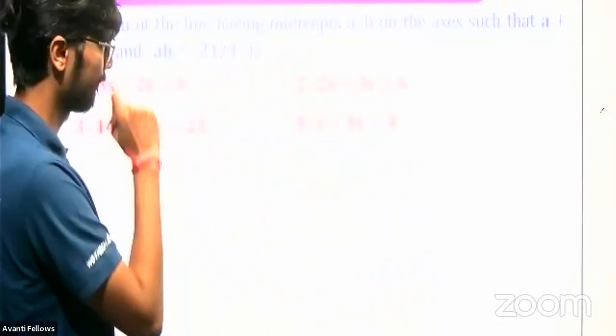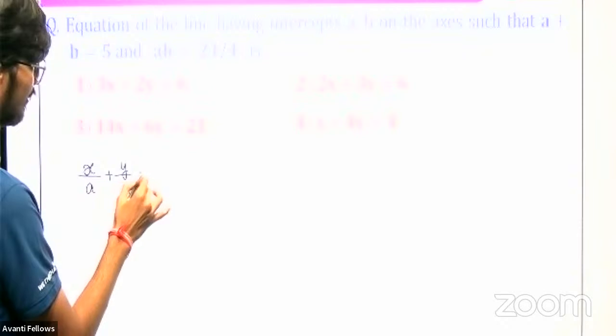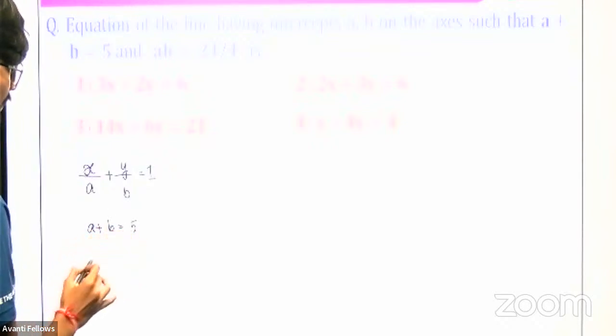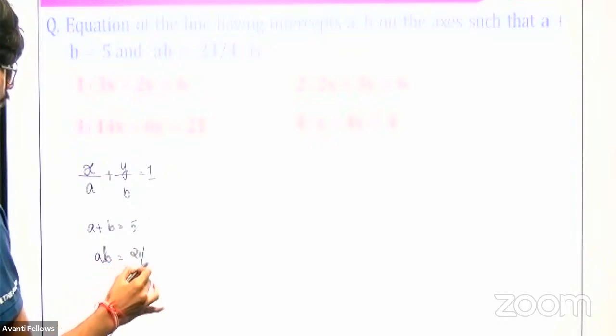So let's get started. The equation of the line will be x upon a plus y upon b is equal to 1, where I have been given two conditions, that is a plus b is equal to 5 and a into b is equal to 21 upon 4.